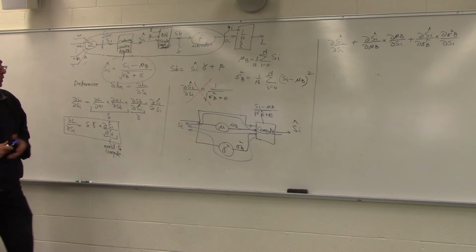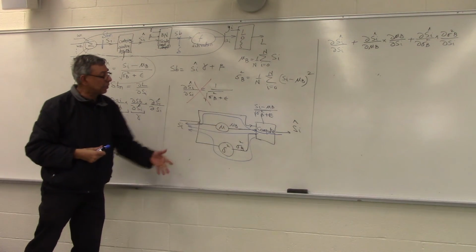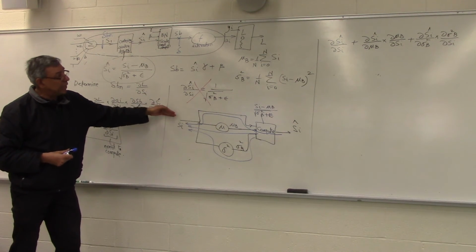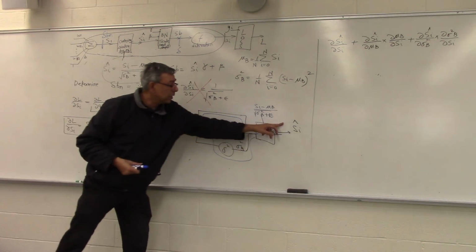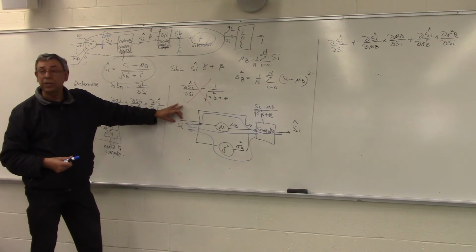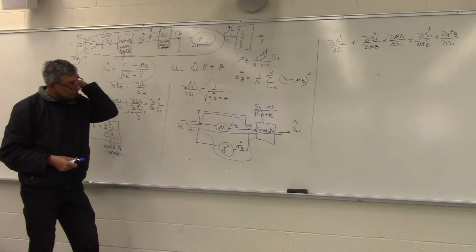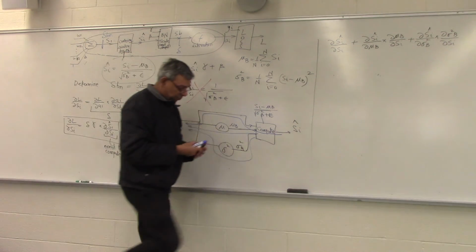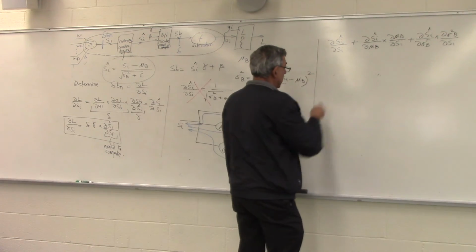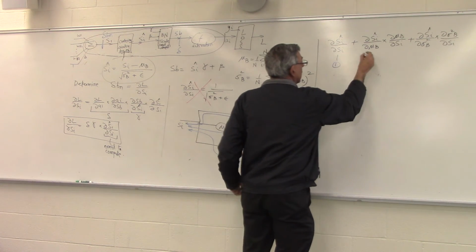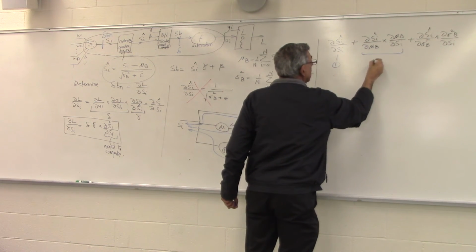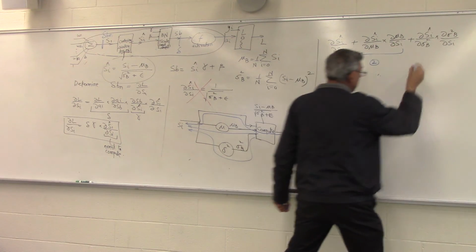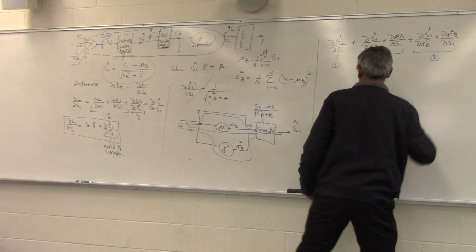Everybody agrees? All I did was accumulate the three gradients, and that will be my partial SI hat over SI. Now it's easy. Suppose I call this term 1, this term 2, and this term 3.